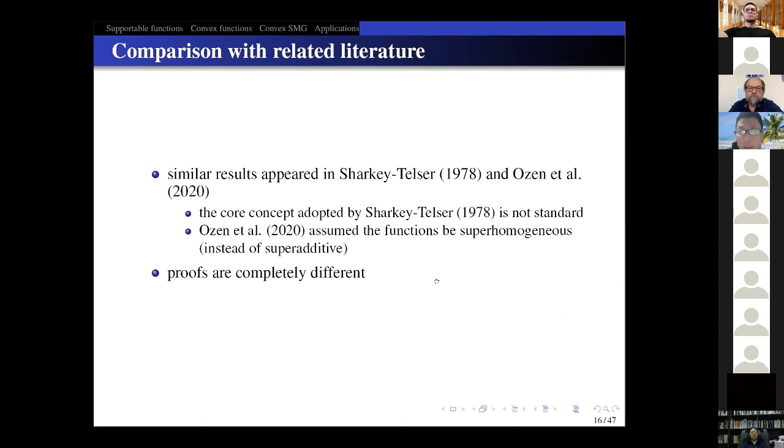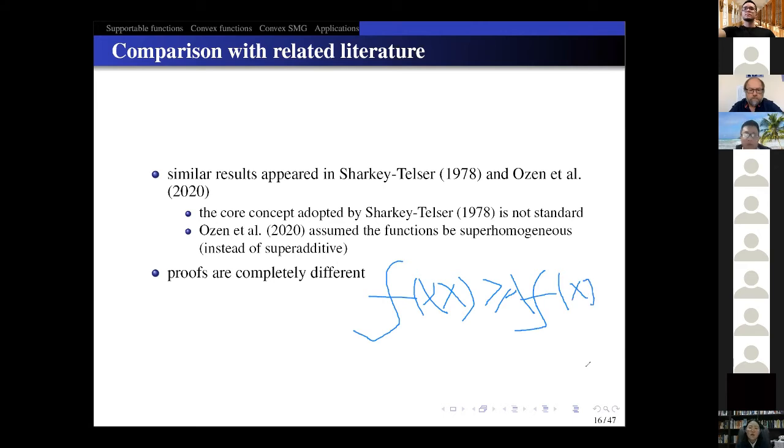Super homogeneous is defined such that f(lambda x) is greater than or equal to lambda f(x). So our starting point is quite different, and also my proof is completely different from both of them.